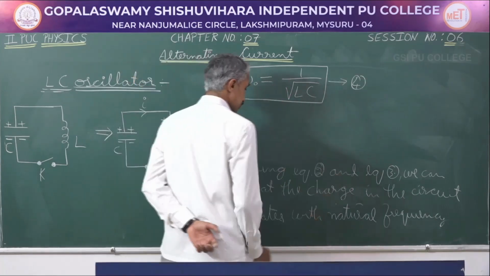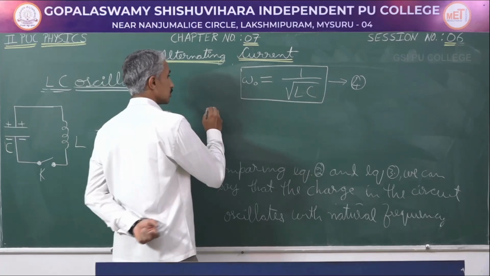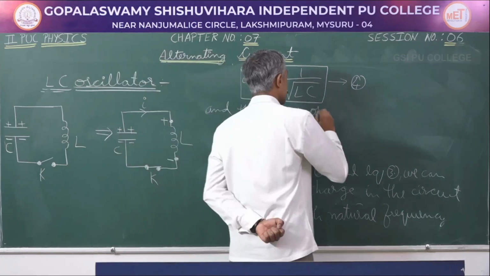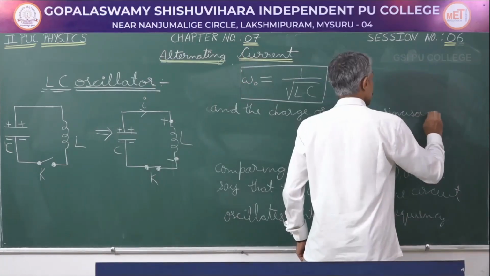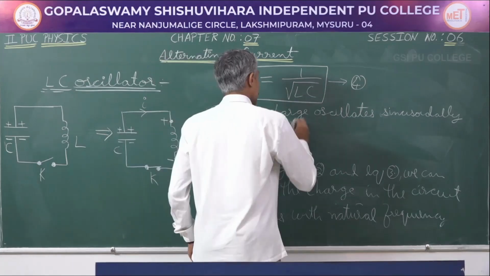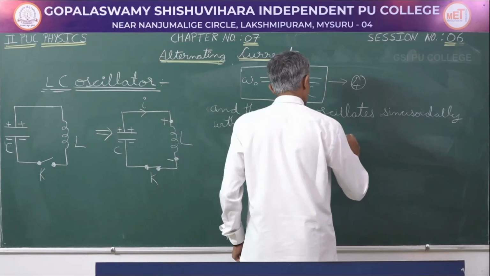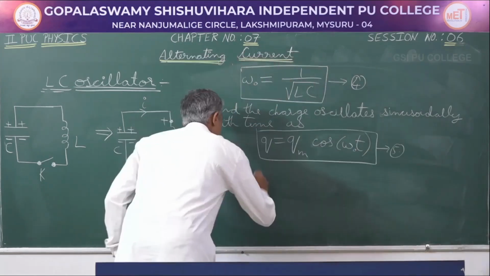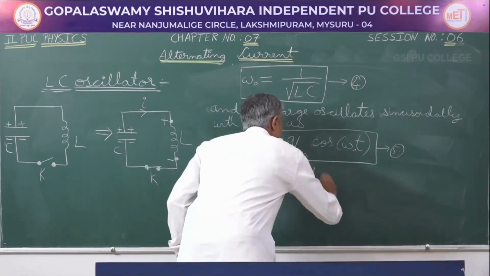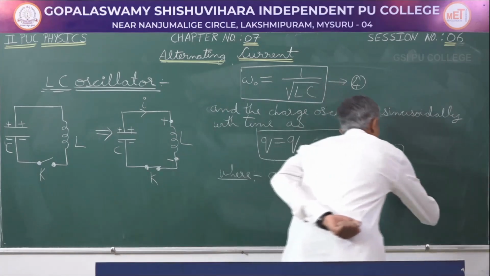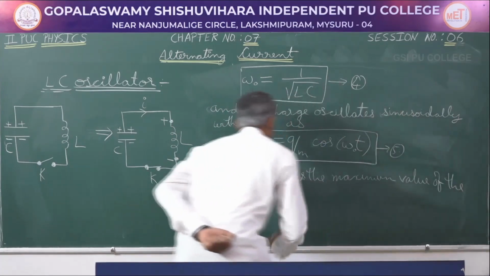I will take this as equation 4 and further, the charge oscillates sinusoidally with time as q is equal to qm cos omega naught t, where qm is the maximum value of the charge.